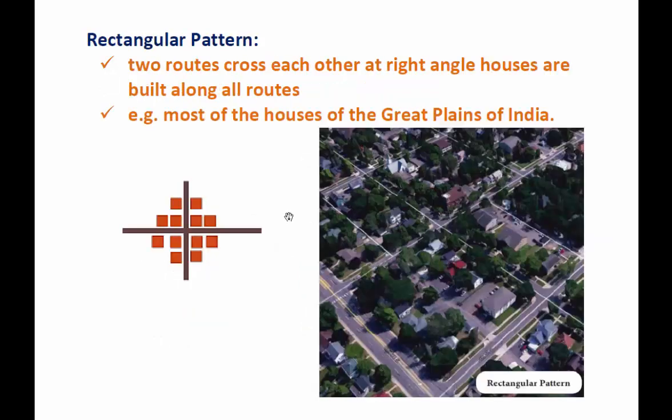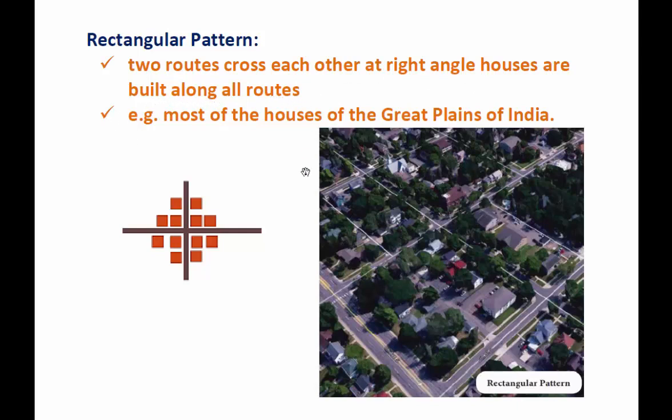Another type of settlement is a rectangular pattern. Rectangular pattern refers to two routes close to each other. When two routes, either a road or a railway or a river, cross each other at the right angle, houses are built all along all routes.